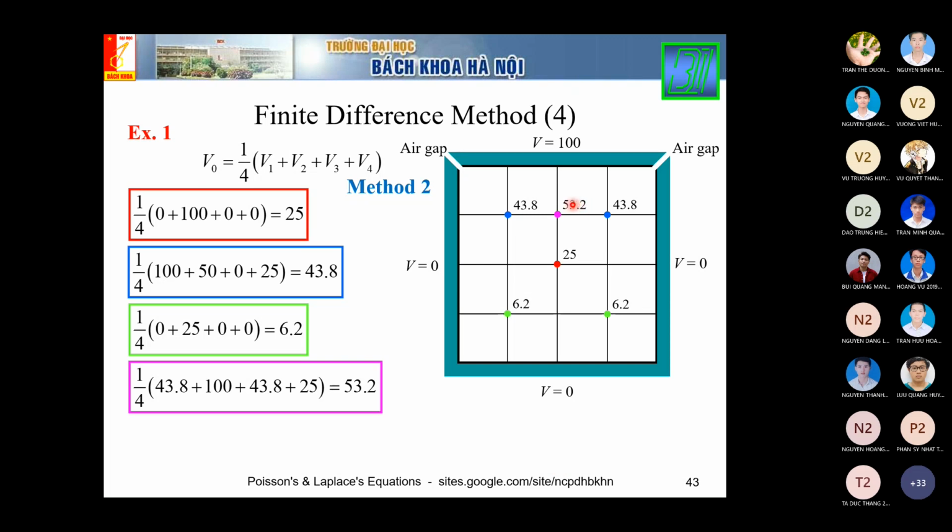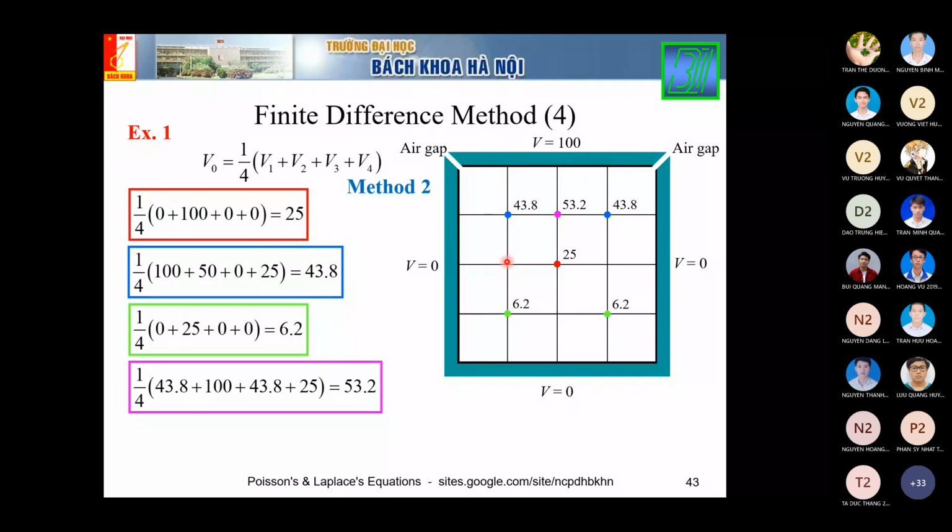So can I process this one onto this node, guys? Can I copy this one to this node? No. Why not? Because the system here is not symmetric about the horizontal axis. Okay, so we have to compute this.